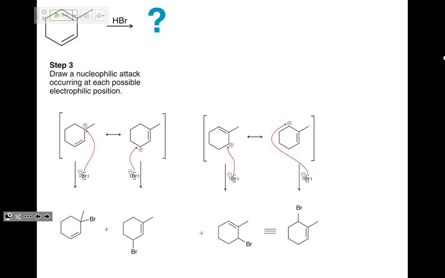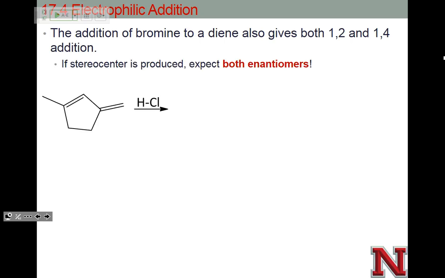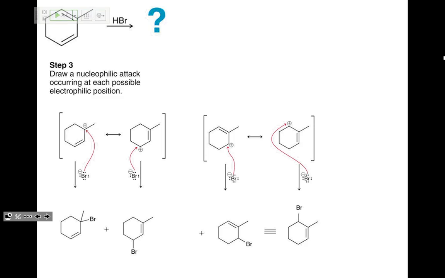The other thing we haven't discussed is, of course, chirality. That's also something we need to consider. So if we look at this example, our stereocenter is produced. We're going to form both enantiomers, just like before. By before I mean our other addition, HBr reactions, because we're going through a carbocation.